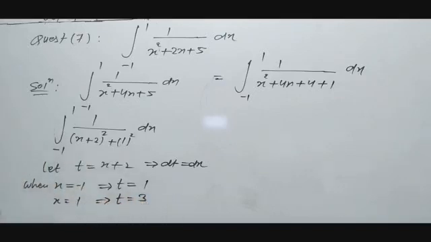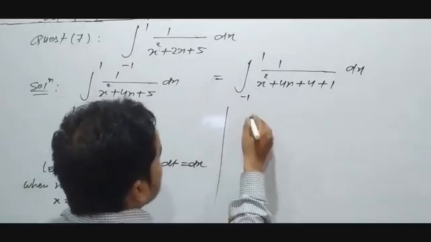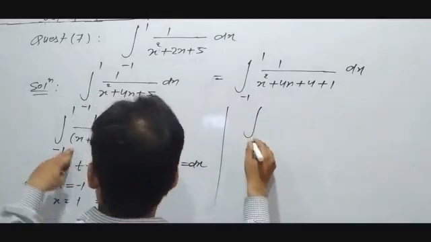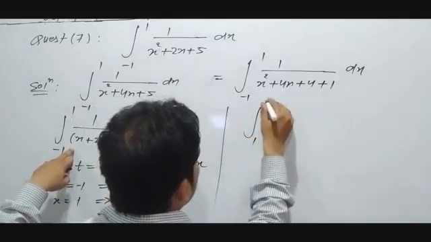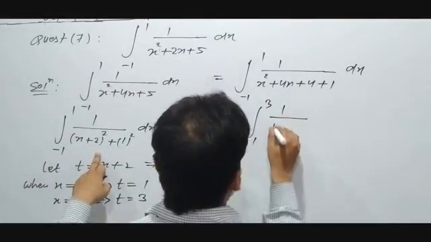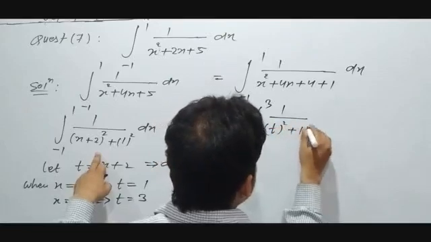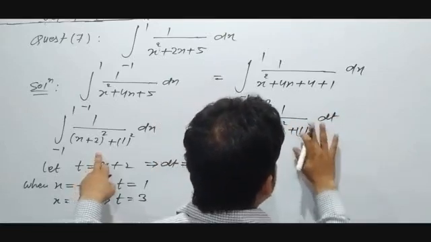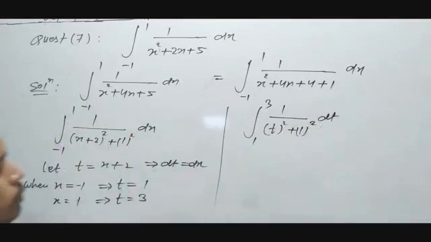So the limit is changed. The new integration with new limits will be integral from 1 to 3 of 1 upon t square plus 1 square dt. Now 1 upon x square plus a square result is 1 by a tan inverse x by a.